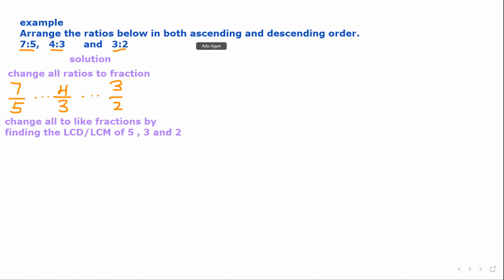So with the multiples method, the multiples of 5 first, we have 5, 10, 15, 20, 25, 30, 35, 40, 45.